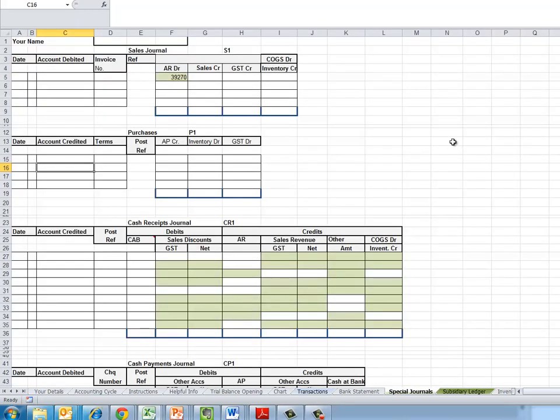Sales journal, well, I've got this item in here for you, so let's take it out. Good. So June 1, account debited is Fred Flintstone. The invoice number is 241. Now we get to the challenging bits.